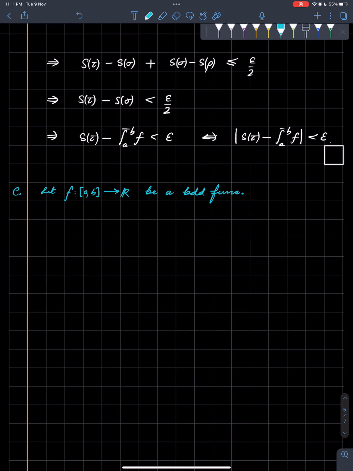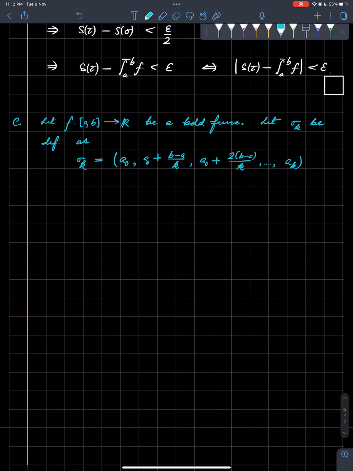And sigma k be defined as a naught, which is equal to a. The second point is a naught plus b minus a by k. This is a naught plus twice of b minus a by k, dot dot dot, a n equals b. So for each k we define the subdivision.